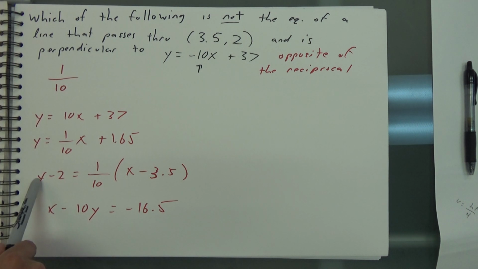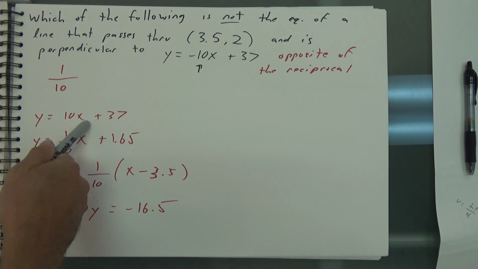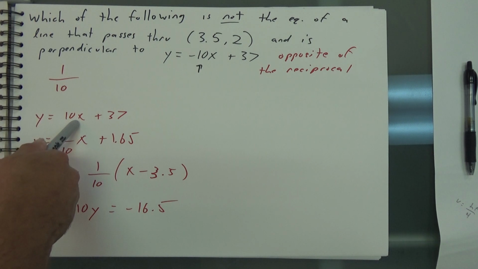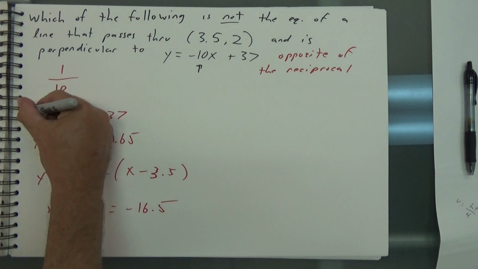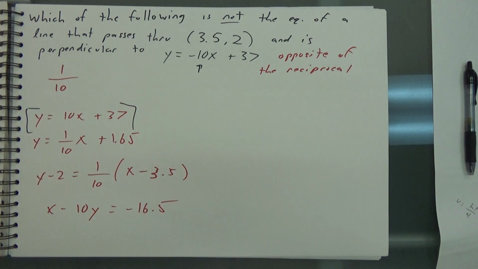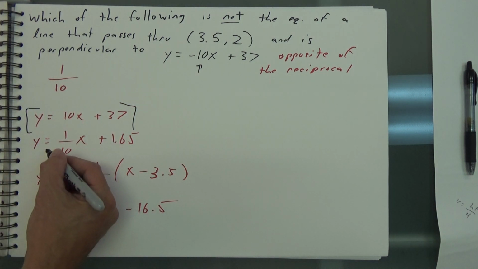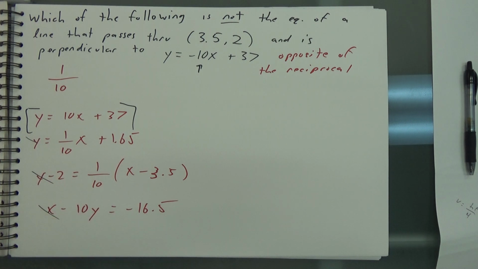So this one, this one, this one all have a slope of 1/10, right? So this cannot be the equation of a line perpendicular to that line. For purposes of this question, if I just look at the slopes, then it eliminates these, which are the same line.